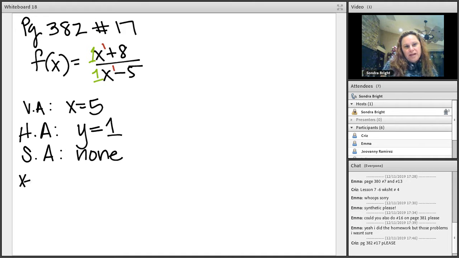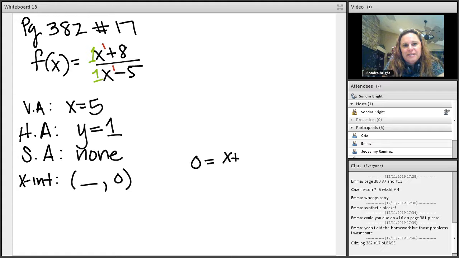What else are we going to ask you? We're going to ask you for x-intercepts. And that will be when y is 0. And like I told you before, once you go 0 equals x plus 8 over x minus 5, if you multiply both sides by x minus 5, it goes away. So the only thing that contributes to an x-intercept, or your zeros, is the numerator.